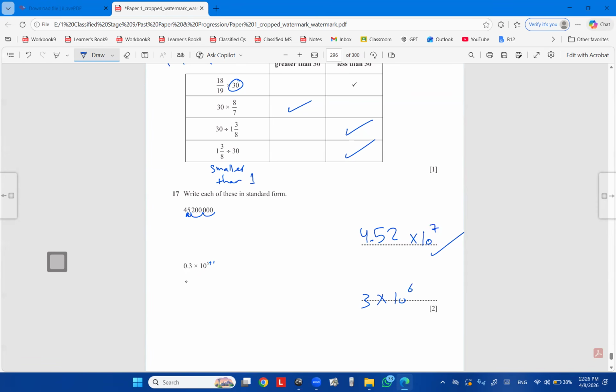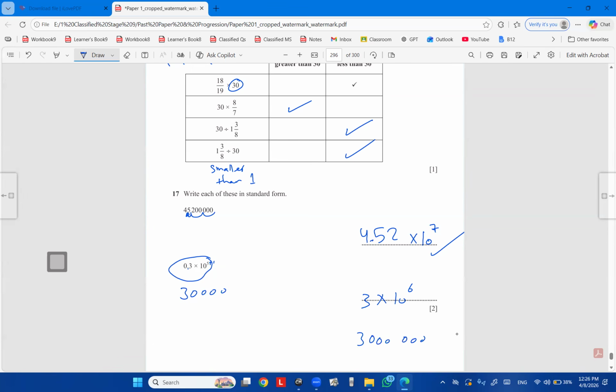If you fall in this confusion every time, you must answer the question every time in the ordinary form. If you multiply by 10 to the power of 5, this is going to be 3. I move it 1 digit to the right. I need 4 more digits, 30,000. If you do this, it's going to give you 3 and 6 zeros.